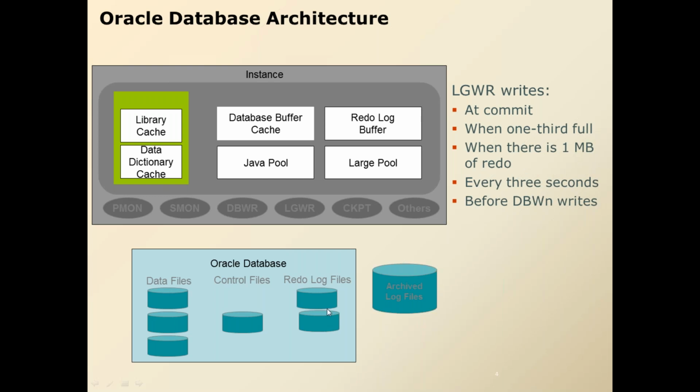Or every 3 seconds. Or before the database writer process writes the data from the database buffer cache to the data file, the log writer process writes the data from redo log buffer to redo log file.